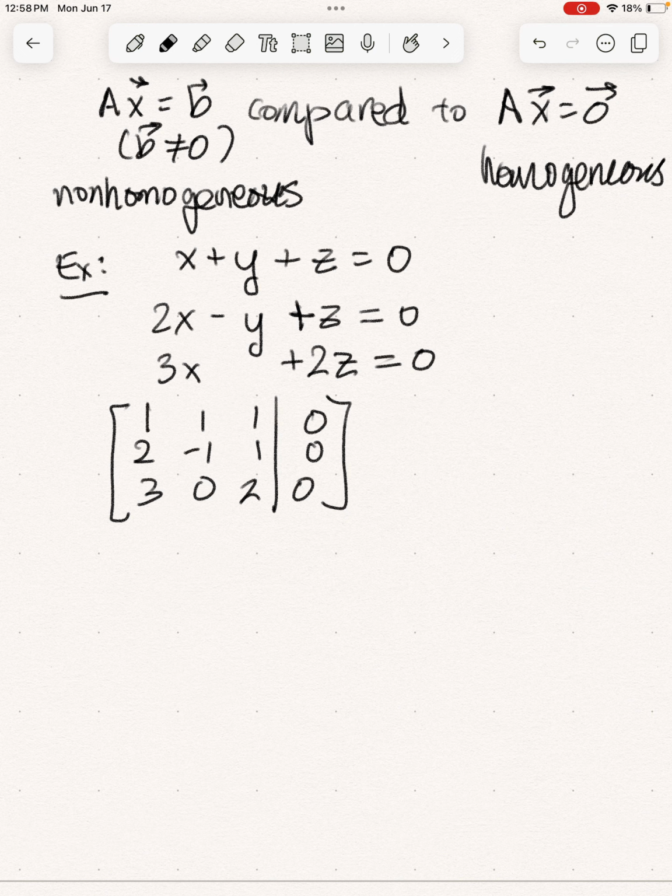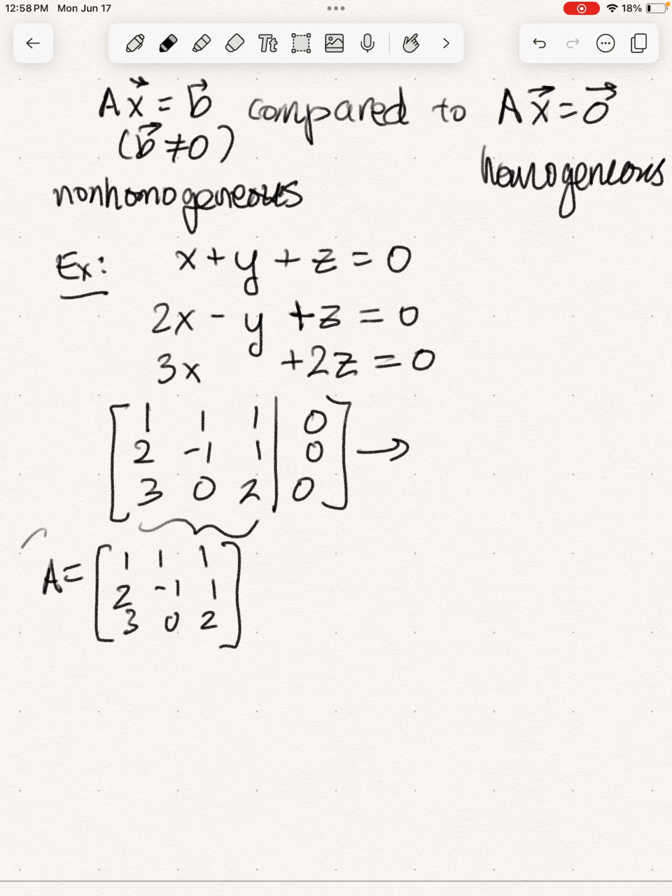Let's row reduce this matrix. When we're row reducing the matrix, we're row reducing this, that's our matrix A. Our matrix A is 1, 1, 1, 2, -1, 1, 3, 0, 2. That's our A.